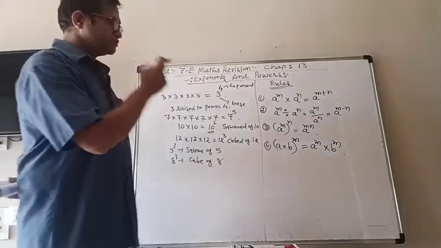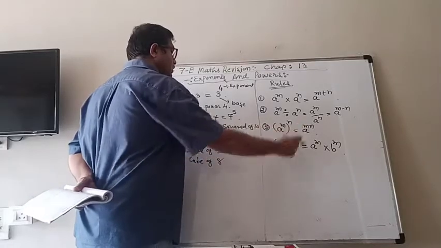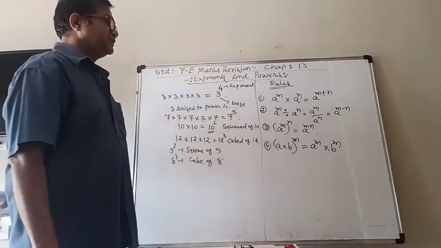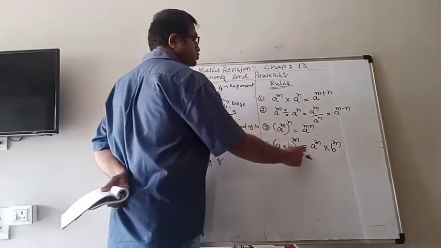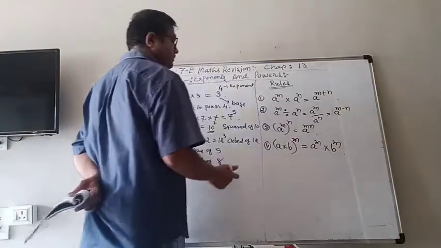So when the bases are different and multiplied and the whole bracket has a power, the power will be given to both, or more than that also, all of them will get it.